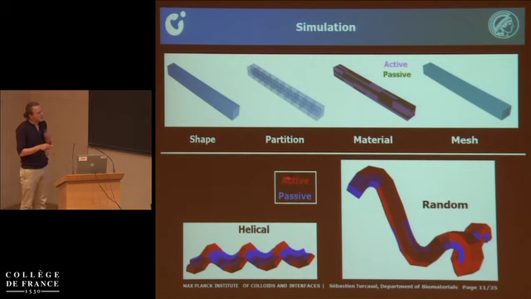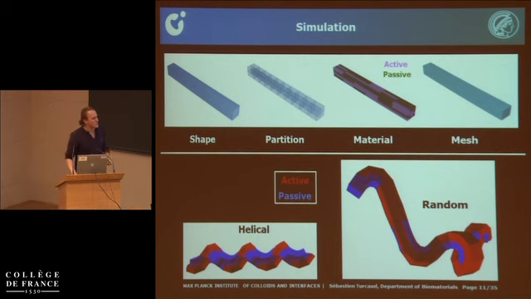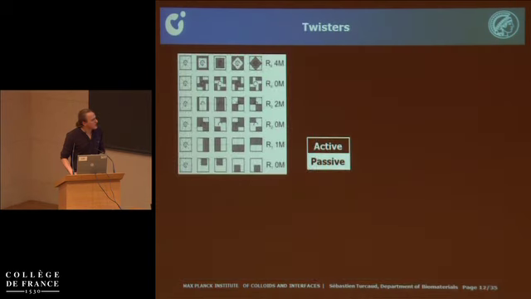Here in red we have the active parts that, in the case of a helicoidal arrangement, as I showed before, do this helix. And if you do something random, well, you get random in the end.